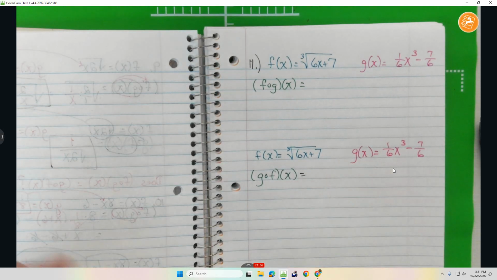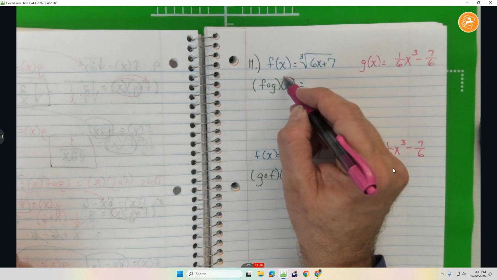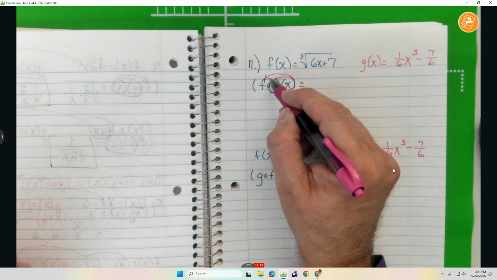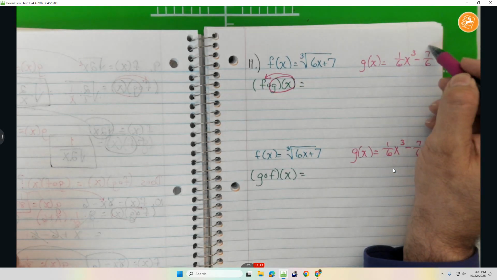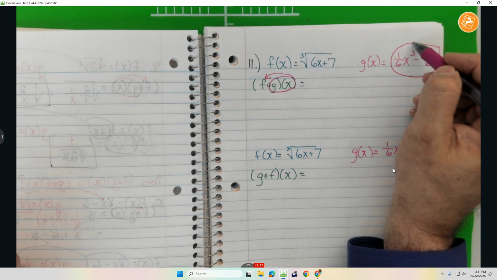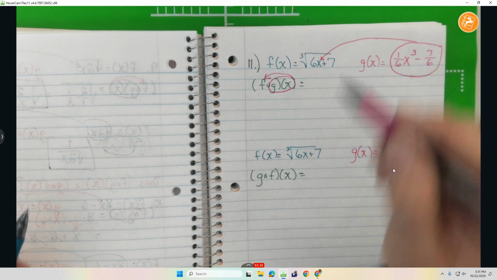So I've just set it up now. To do the first one, f of g of x, that means plug g of x into f. It's going to look sort of messy, isn't it? I'm going to have to plug all of that in place of that blue x.